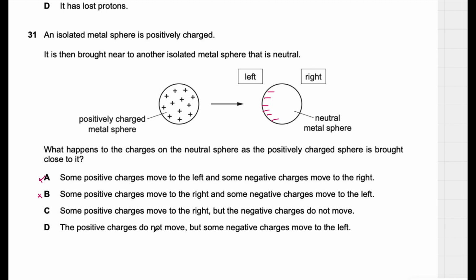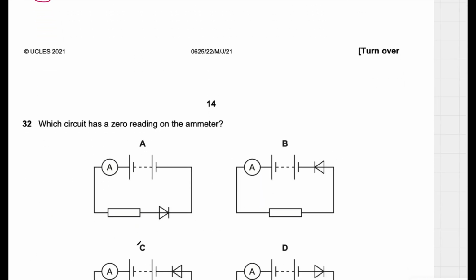Some positive charges do not move, but some negative charges move to the left. The answer is between C and D, right? And it's D. Because the positive charges do not move, but most of the negative charges will move to the left. This way is considered the left because it's shown here. So our answer is D. We move to the next question.